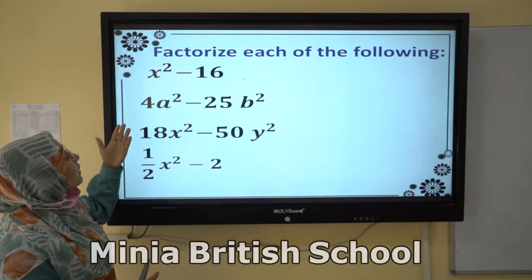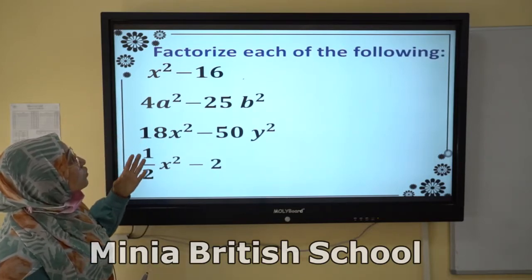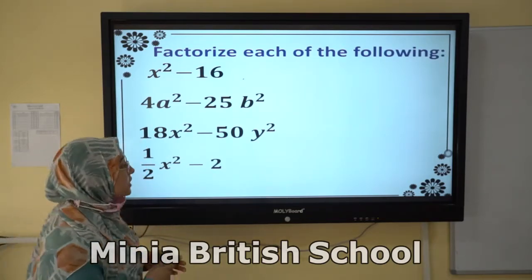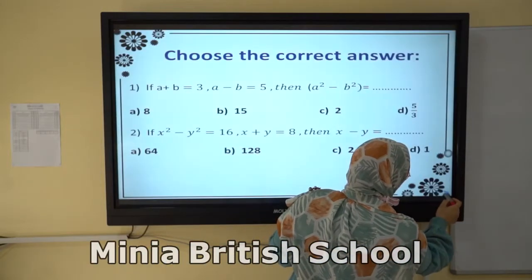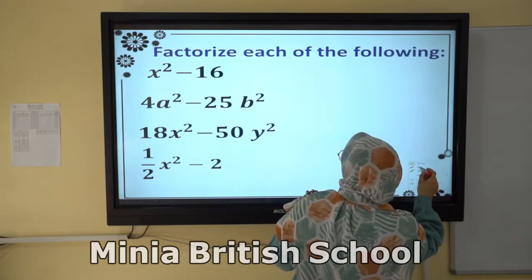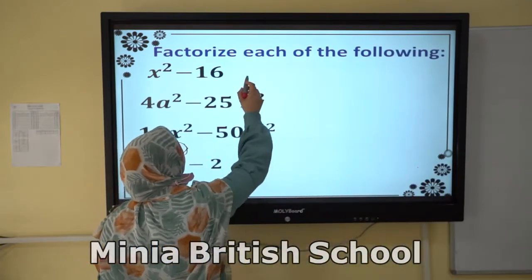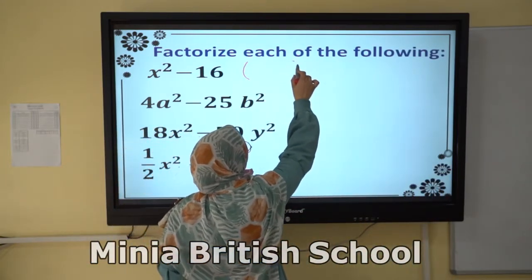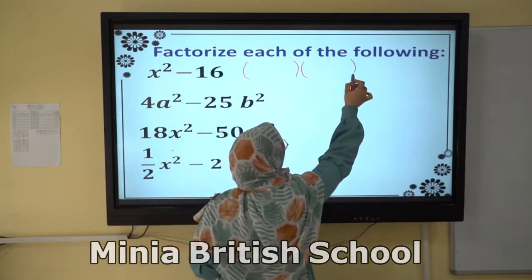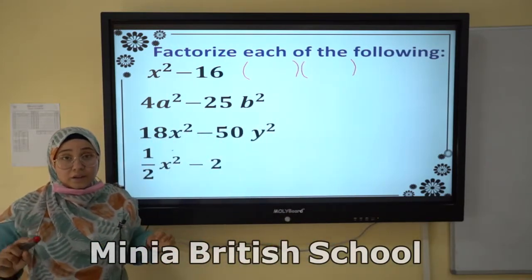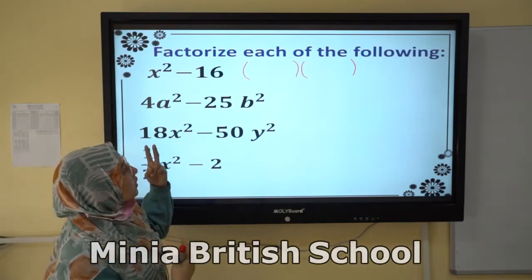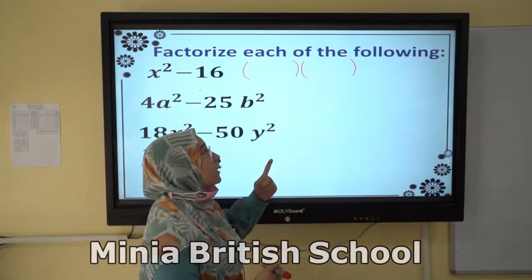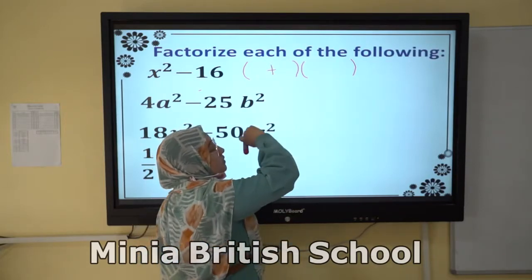So, to factorize x power 2 minus 16, in the first step, write two pairs of arcs. Then put a positive sign in the first and a negative sign in the other.